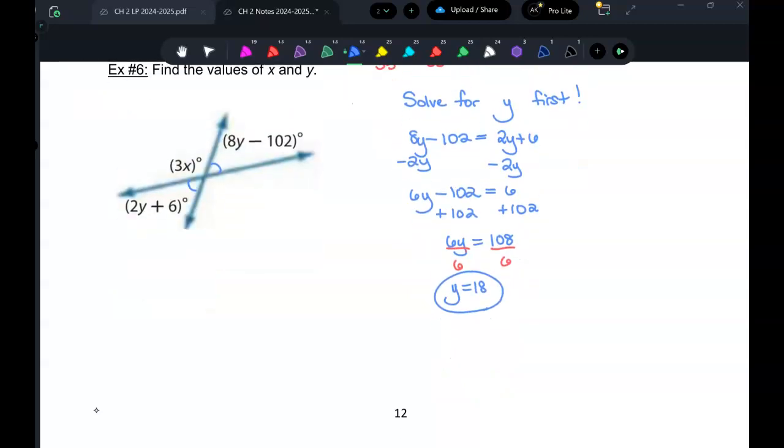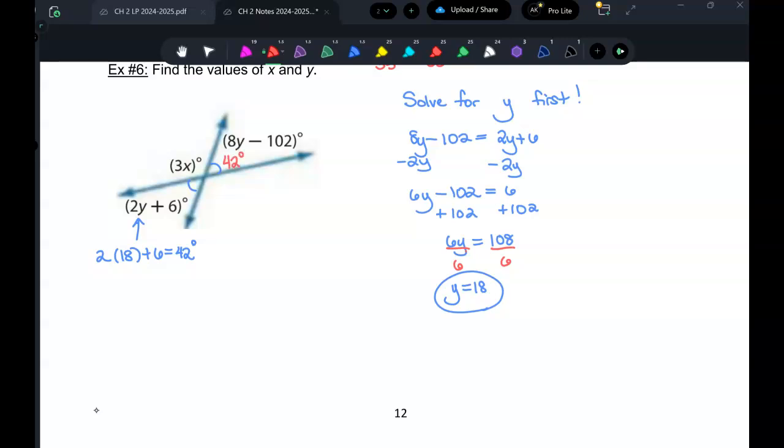Let's do that. 2 times 18 is 36. 36 plus 6 is 42. So this angle here is 42 degrees. Does that make this one over here also 42? Yes, these are both going to be 42 degrees.